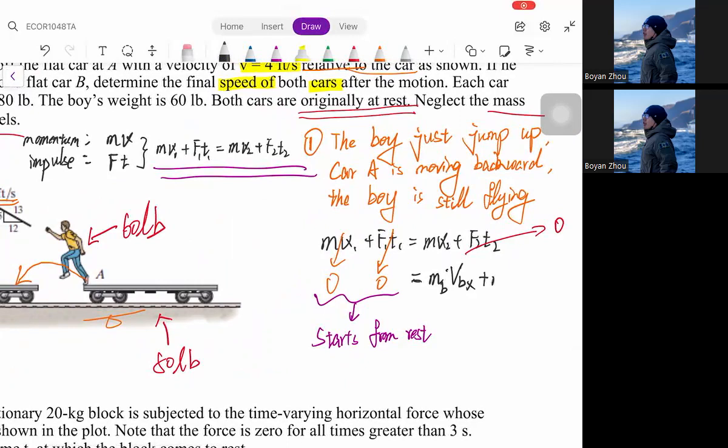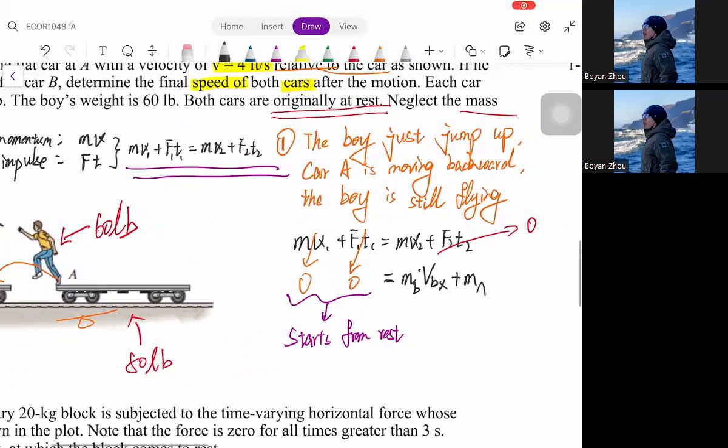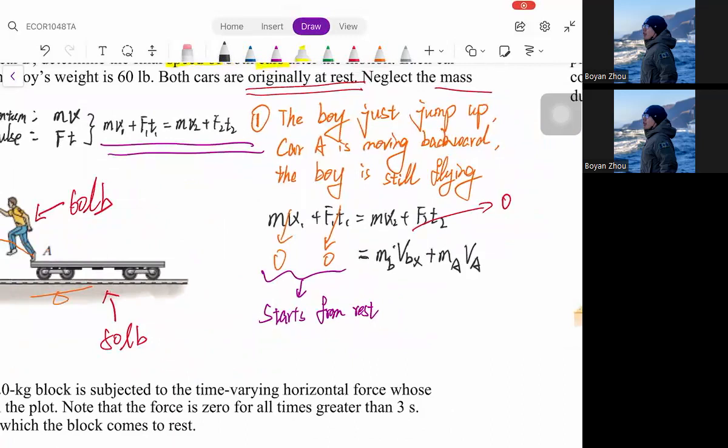Plus the mass of the car times the velocity of the car. So here is the first balance we have.